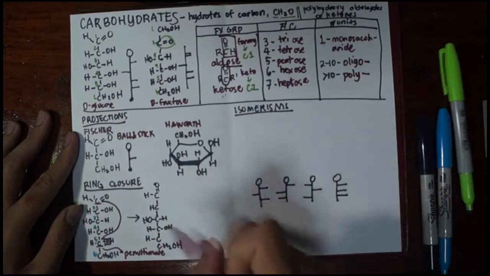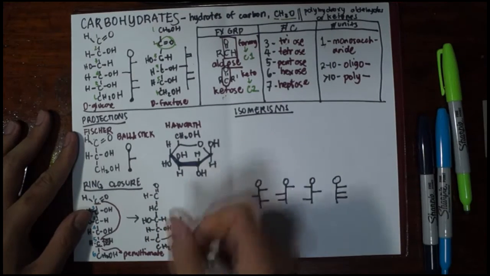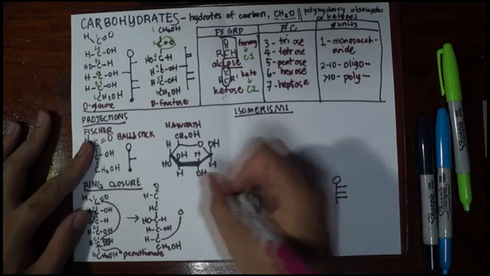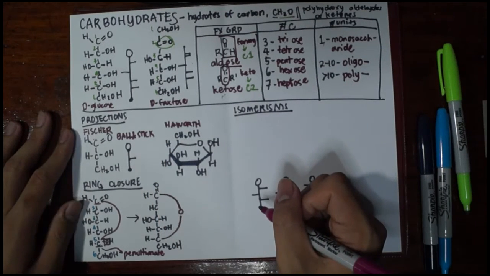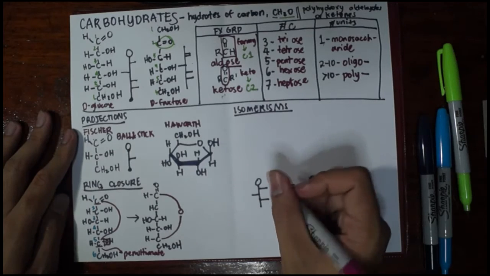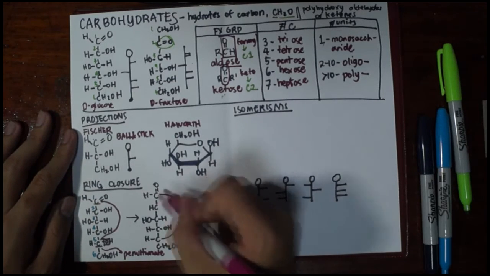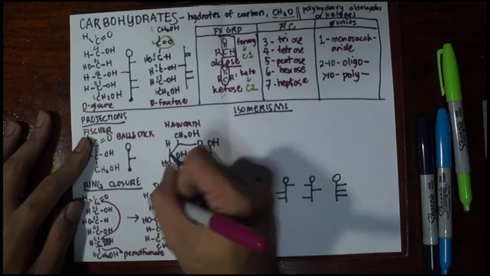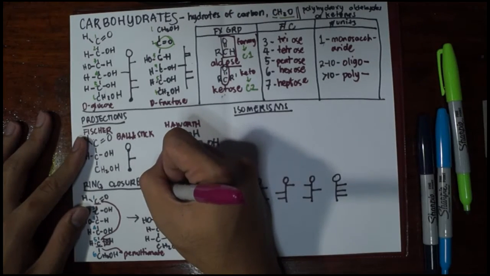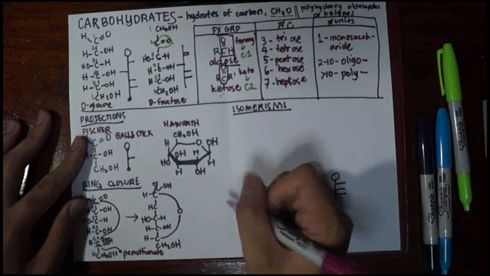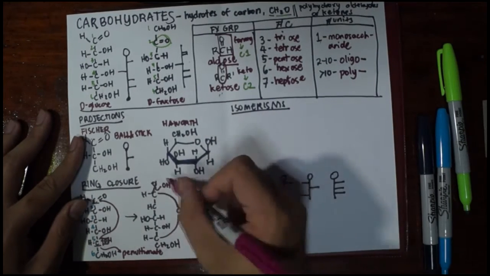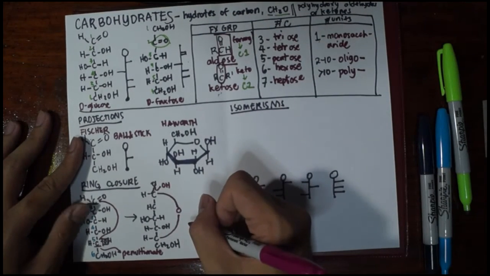The penultimate carbon's oxygen would serve as a bridge. And you can see that here now the carbon has 5 bonds: 1, 2, 3, 4, 5. So instead of this being a keto group, this would now become a hydroxyl group. It will be reduced to that form. So now this would be the ring version of glucose.